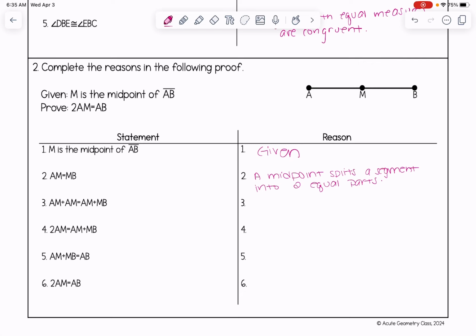All right, now let's compare lines 2 and 3. Always look at the previous line as a hint. Now you can see that AM has been added to both sides. So imagine me adding AM to both sides. That's where we're getting these extra AMs from in line 3. So if I'm adding, that's the addition property of equality.